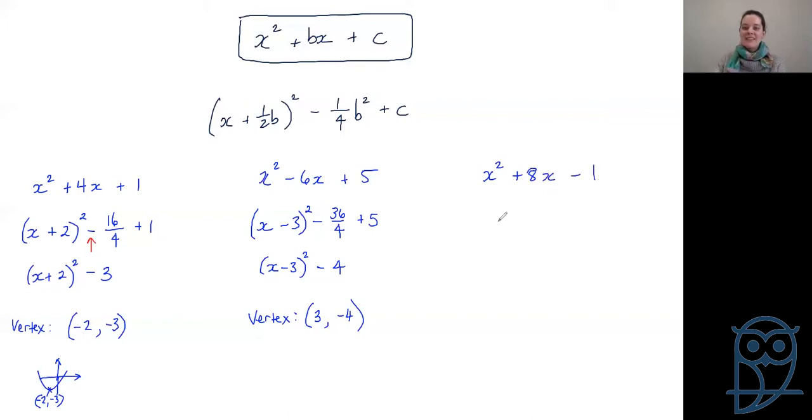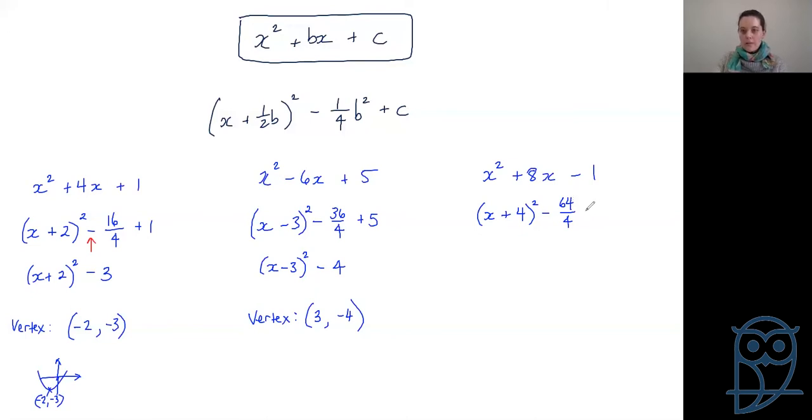Exactly the same thing. And this is why it's worthwhile doing 20 of these or 30 of these, because by the time you've done that many, you've really got a very good idea of what is going on. And you'll have learned this formula. So, x plus a half times b, a half times 8 is plus 4, all squared, minus a quarter b squared, 8 squared is 64, I believe.